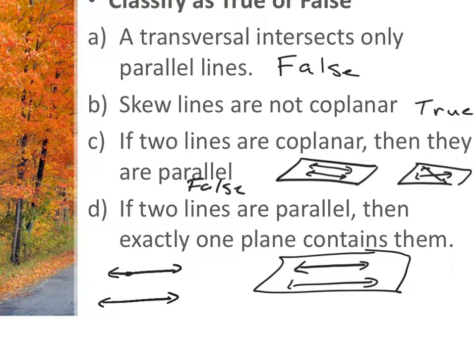Look, I need two points for these and two points for those. So right there, I've got 4 points. And remember, by definition, what I need for a plane is 3 non-collinear points, which I have there.